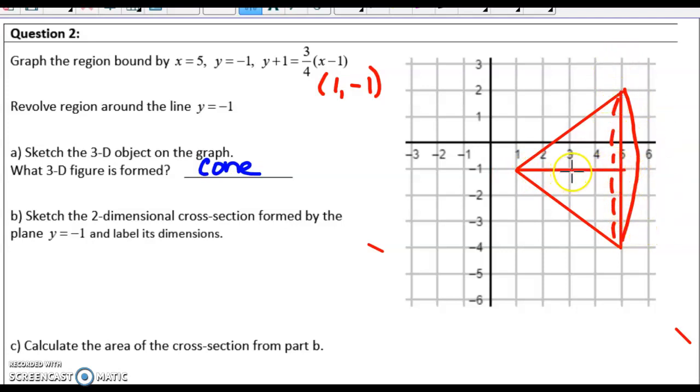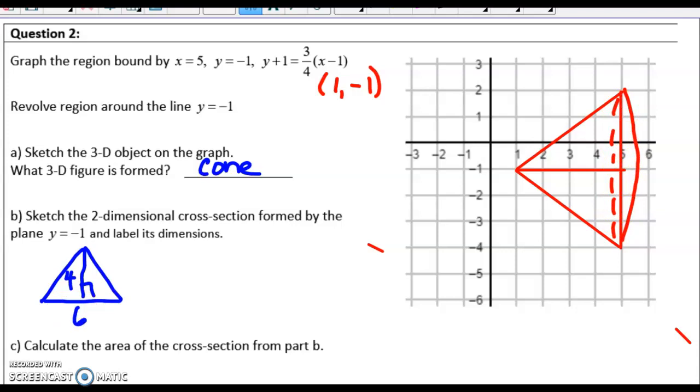When it's perpendicular, what's going to happen is the cross section is going to be the shape, it's going right down the center, of the original triangle and its reflection before you started to spin it or revolve it. So that is this triangle that has a height of 1, 2, 3, 4. And it has a base of 1, 2, 3, 4, 5, 6.